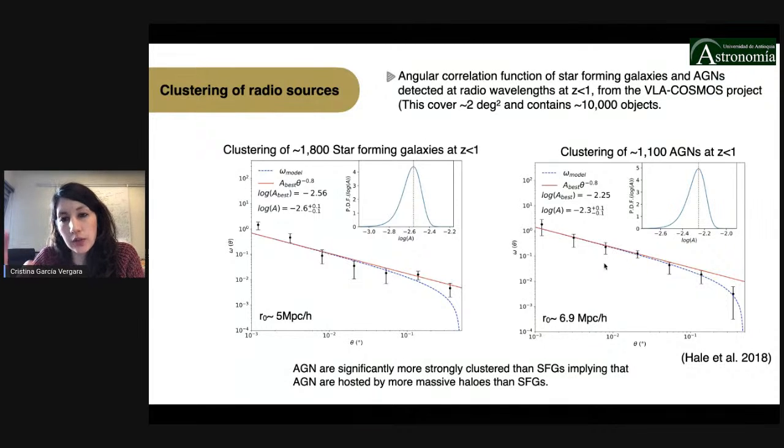Because when you put everything together, you could be diluting the clustering of some objects. For example, if quasars have a clustering very different from C4 galaxies or other types of AGN, you will be averaging all the clustering signal for all the objects here. That will be nice to do in the future.